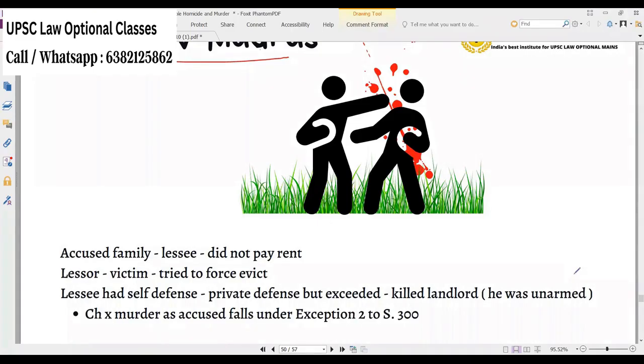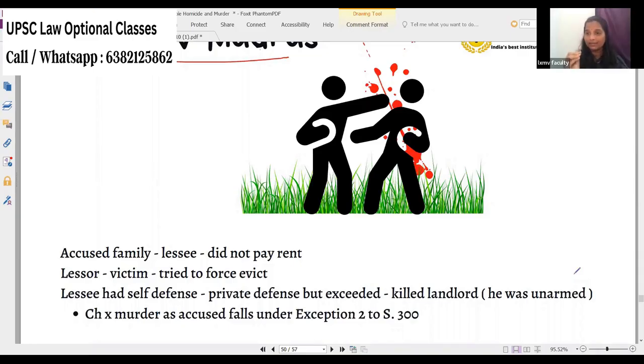Ma'am, here if the landlord is not carrying any type of weapon in his hand, then how can he exceed his private defense to such an extent of causing death? That's why we call him under culpable homicide. If it squarely falls under the limit of private defense, then he falls under a general exception. He will not be punished at all.